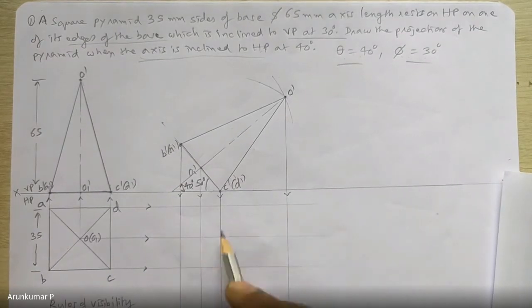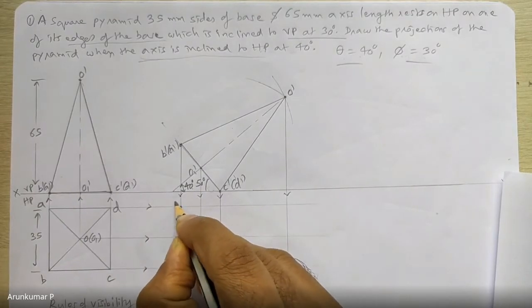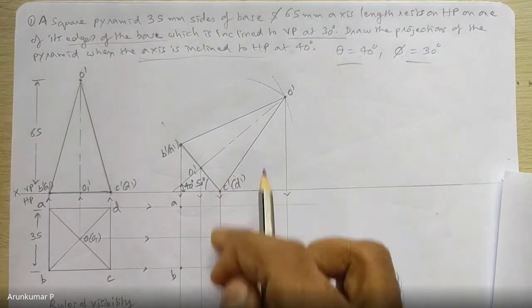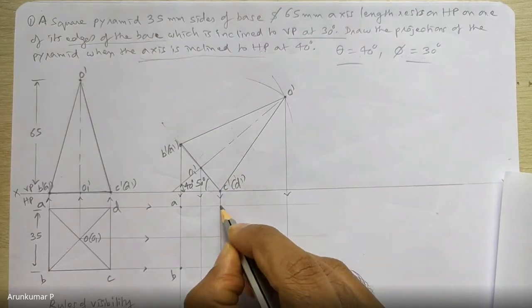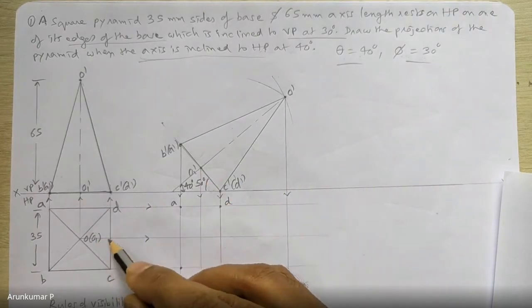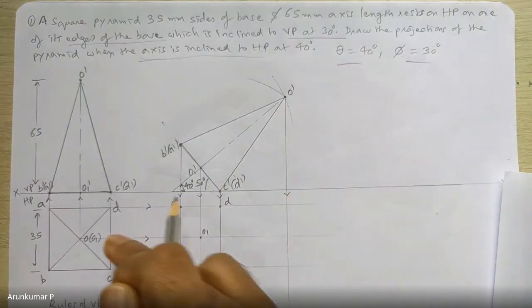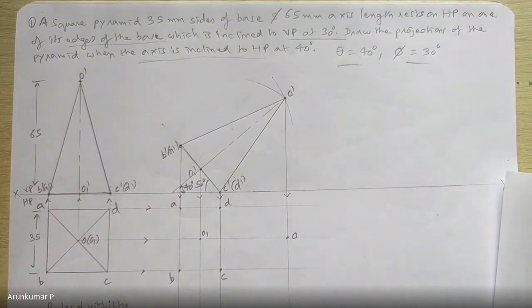First start with the base ABCD. A dash and A, this is A. B dash and B, this is B. C dash and C, this is C. D dash and D, this is D. Now locate the axis. You can see O1 dash and O1. This is O1. O dash and O. This is O. Same, whatever you have done in planes, same way you have to locate these 6 points.